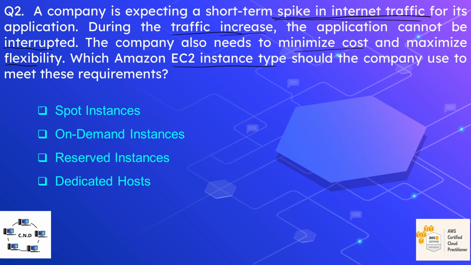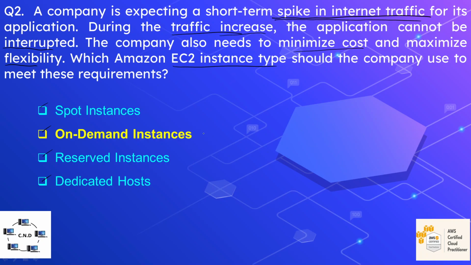So let's get to the options. The options are option A, spot instances, option B, on-demand instances, option C, reserved instances, and option D, dedicated host. And the correct option is the on-demand instance. It is the correct option because the question is asking about the increase of traffic as well as the non-interruption of the application.